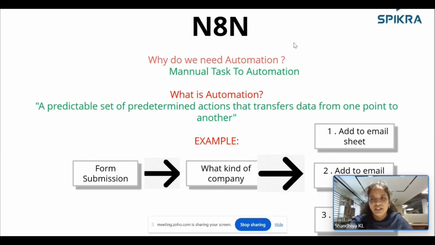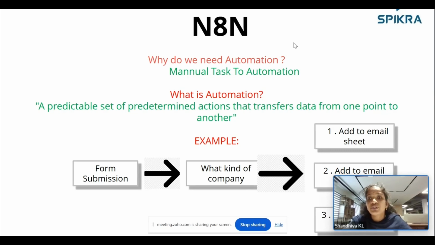Let's dive in. First, we need to know what n8n is, why we need automation, and what automation is. n8n is a workflow automation tool. In simple words, it lets you connect apps, APIs, and databases together.